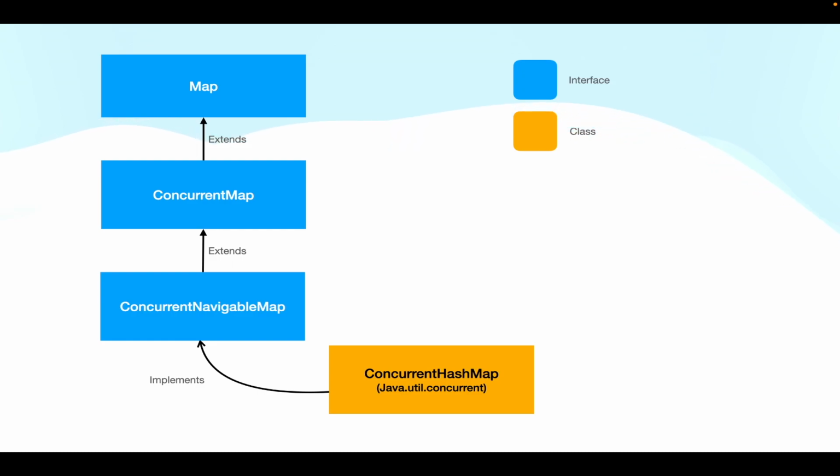So here you can see we have the map interface which is extended by concurrent map, and then we have concurrent navigable map, and concurrent hash map implements concurrent map. So indirectly it has the implementation of all the maps, right? And we can find this concurrent hash map inside the java.util.concurrent package.